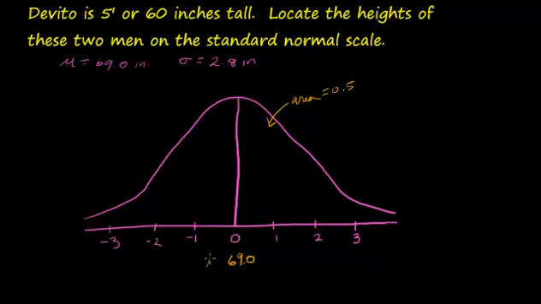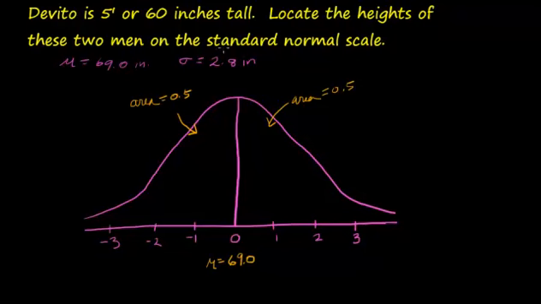So there's a 0.5 probability that a randomly selected male has a height above 69 inches, and also a 0.5 probability that a randomly selected male has a height below 69 inches. Basically saying 50% of the adult male population is taller than 69 inches, and 50% is shorter than 69 inches.